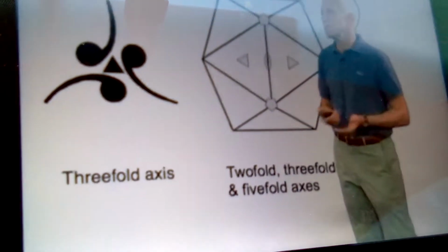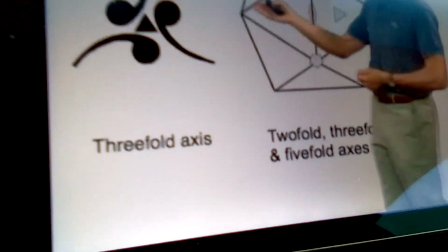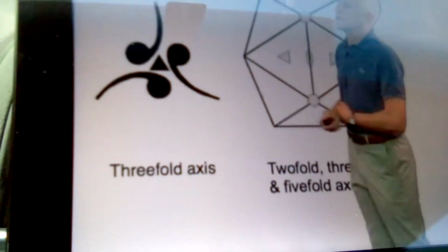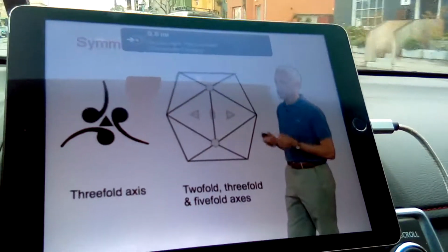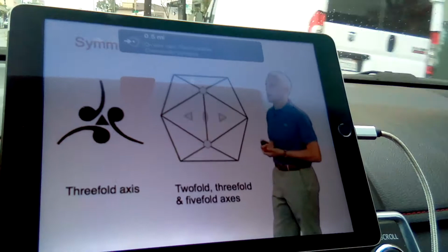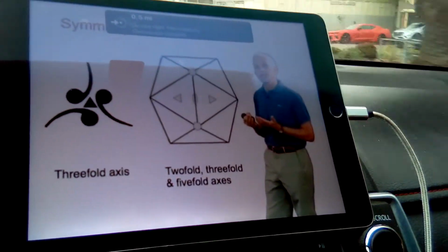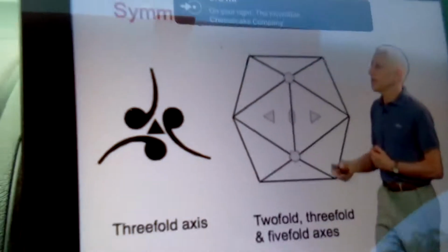So let's begin with symmetry. What does symmetry mean? Symmetry, as suggested by the image on the left, means that there's some operation, in the case of physical objects, some physical operation like a rotation, that brings the object into self-coincidence.